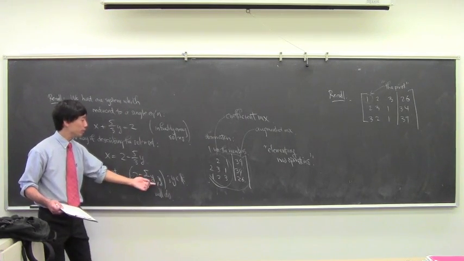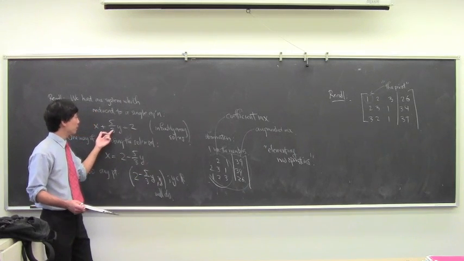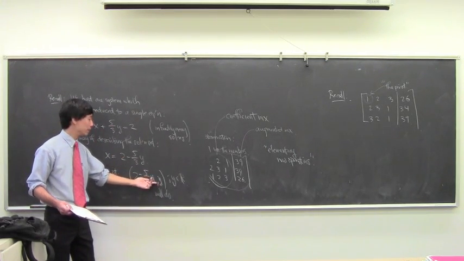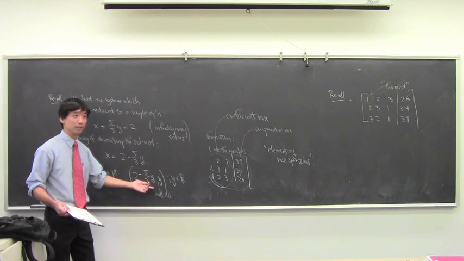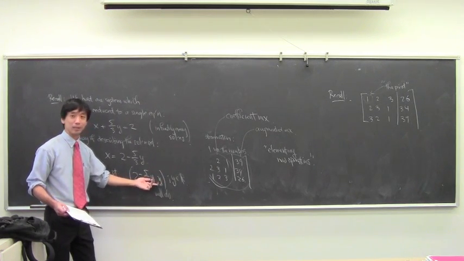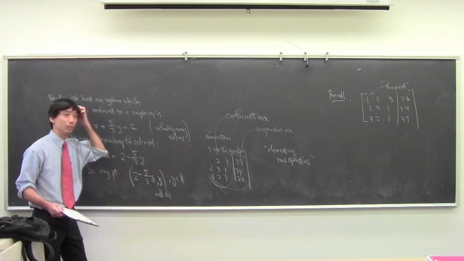So now I can generate points easily. I could say, well, (2, 0) lies on this line. Well, (-3, 6) lies on this line. And you can just choose whatever y you like, and you generate all the points.